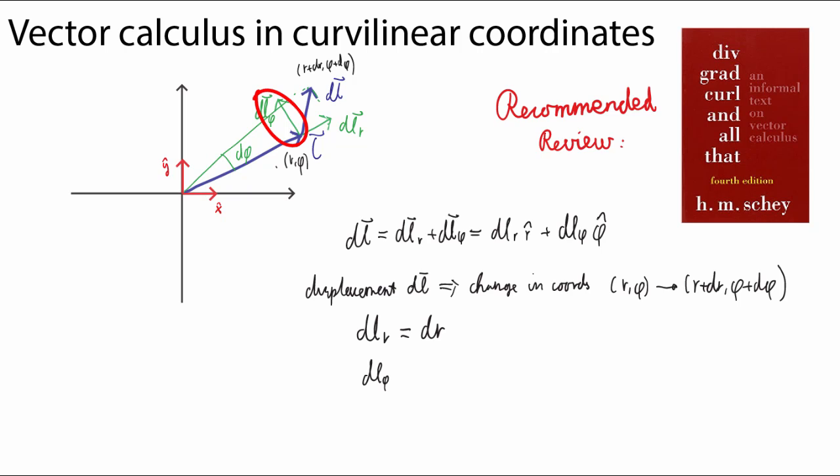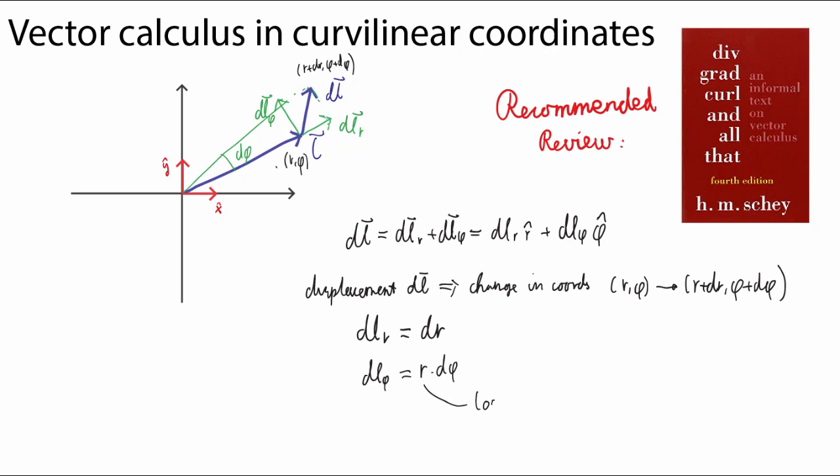The dl phi, that is the component of dl in the phi direction, is a distance. The phi is an angle. So there has to be some scale factor in between, and that's going to be the length of this vector here. The length of that vector is r. So we get that dl phi is r times d phi.